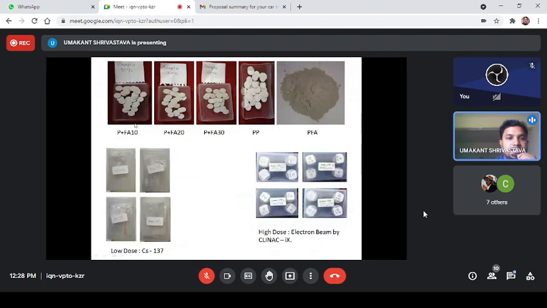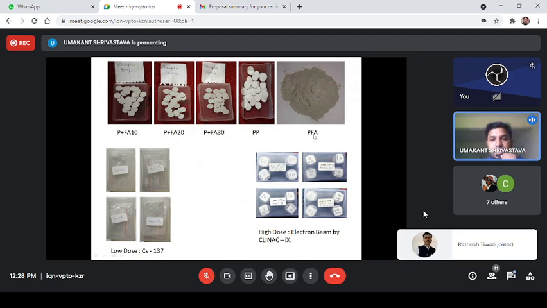And these are the prepared samples, like the disk we have prepared for TL characterization and PL characterization. So P plus FA10, P plus FA20, P plus FA30. PP means pure phosphor, and PFA is pure fly ash.